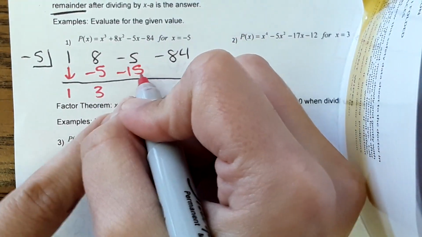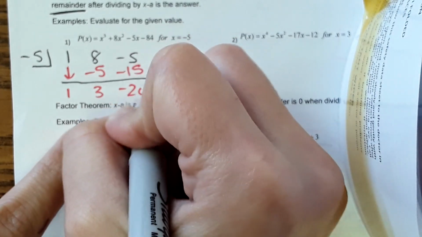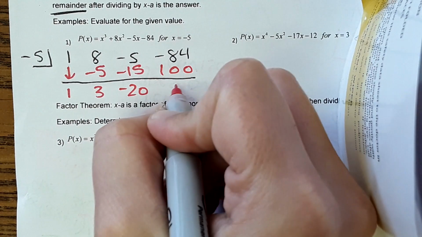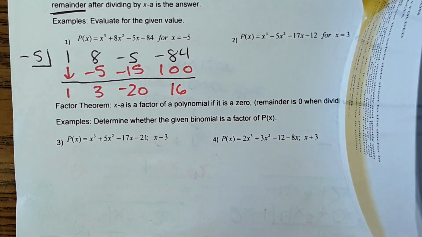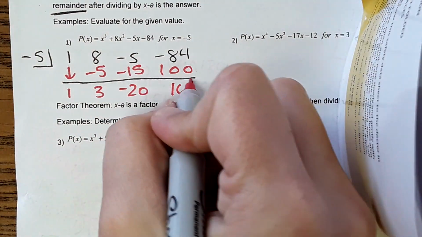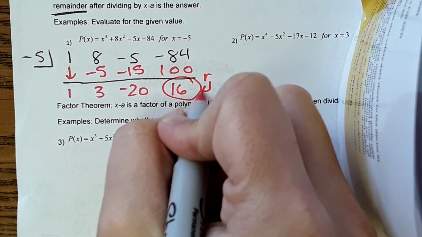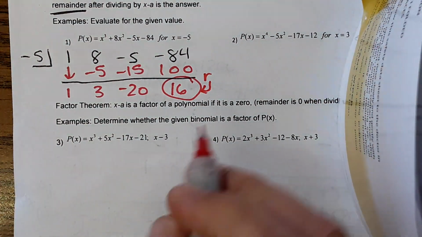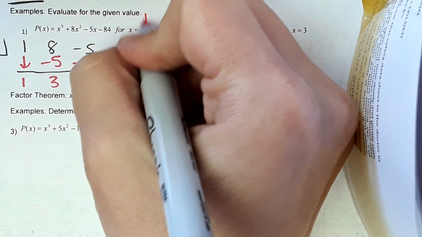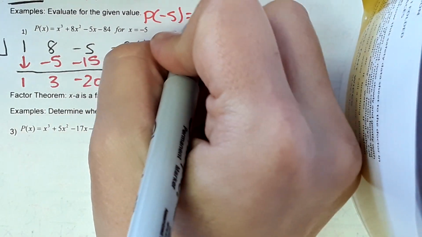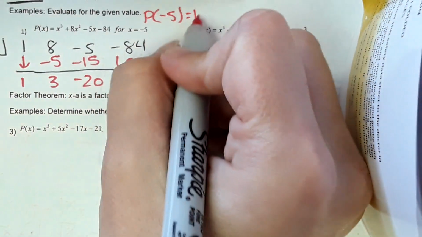Three times negative 5 is negative 15. And our remainder is 16. So therefore, we can say that p of negative 5 equals 16.